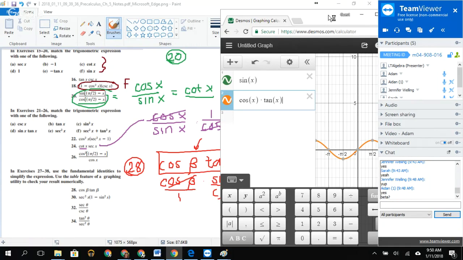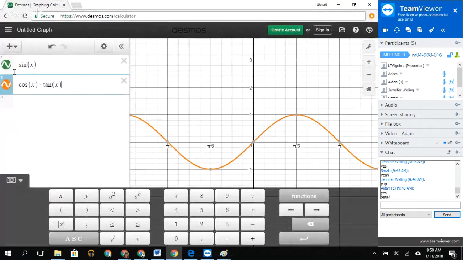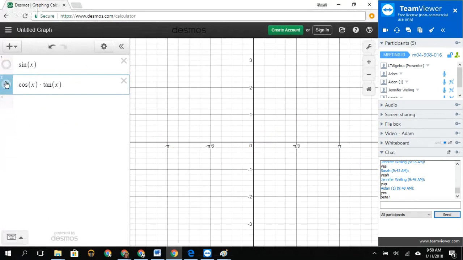If I am doing this graphically, I'm just verifying that the two graphs overlay each other. You can see that those two graphs are equivalent: the sine of x equals the cosine of x times the tangent.